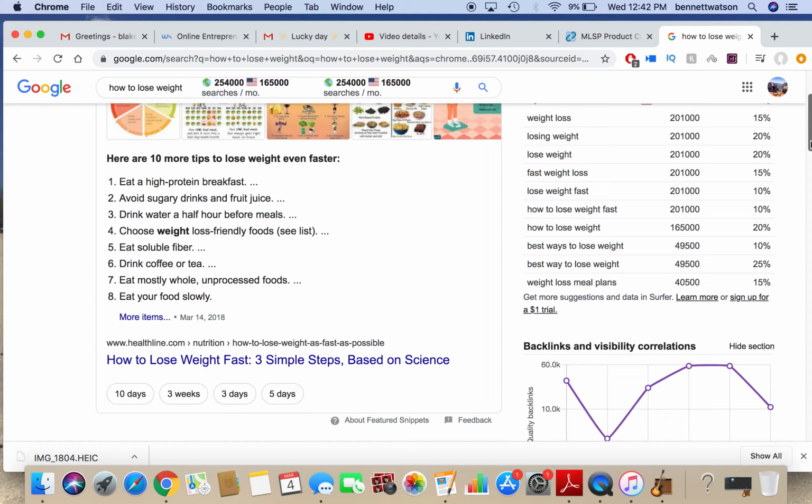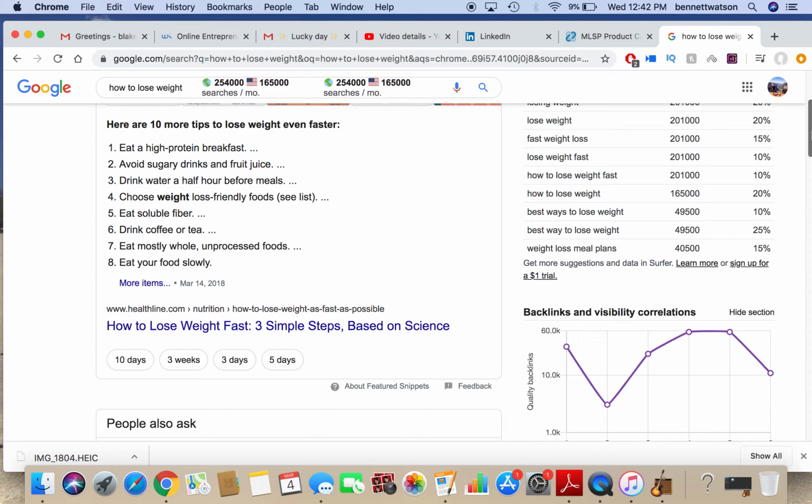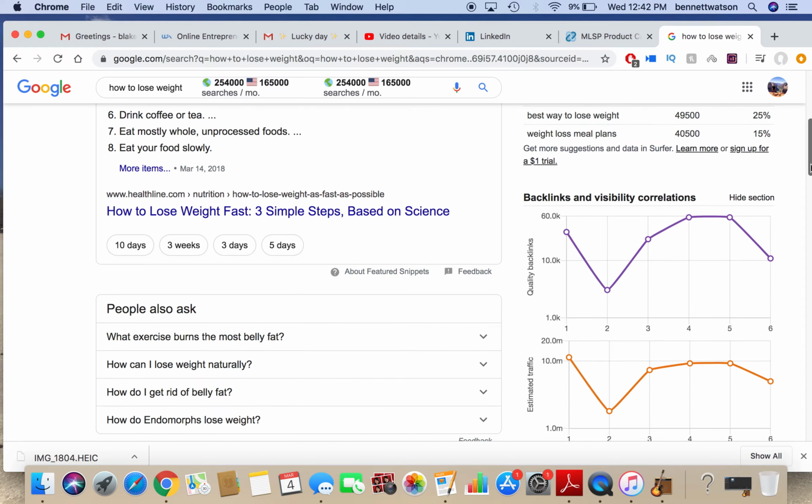I'm not saying to steal it, but you can put it into your own words, because obviously these people aren't the original thinkers of this particular solution to losing weight. They learned it from somebody else, so you can do the same thing and make it your own. That's a great thing about content creation, is that you can take other people's content and put it into your own words.